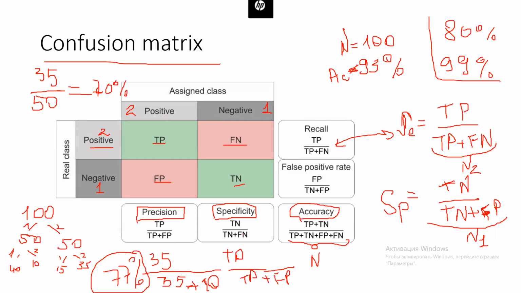So you see the visible difference between explanations. 77% of positive COVID tests were correct, and 70% of patients with COVID had a positive test.